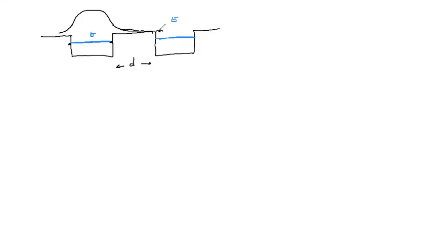Because your wave function decays exponentially, you always have a chance to find it far enough from your potential well. So if the particle was here, you have a chance to find it here. The particle can tunnel through. It can be here.